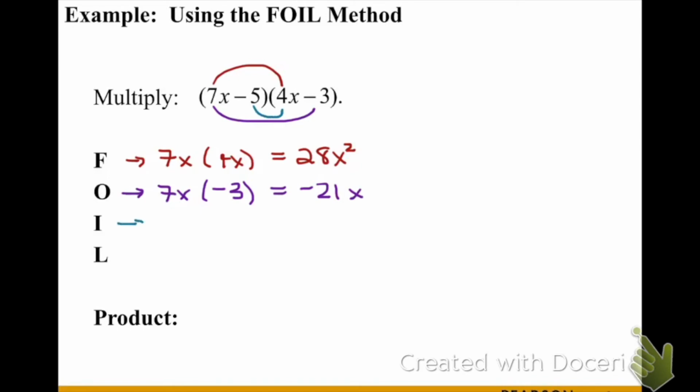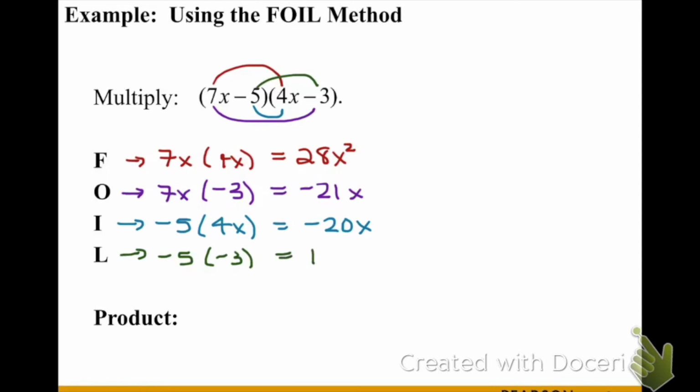We'll multiply the insides next, the -5 times 4x, which will give us -20x. And finally, we can multiply the last two terms, the -5 times the -3, which will give us +15. From here, all we need to do is combine our middle two terms, and so our final answer will be 28x squared minus 41x plus 15.